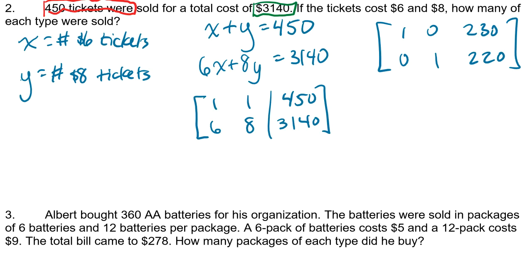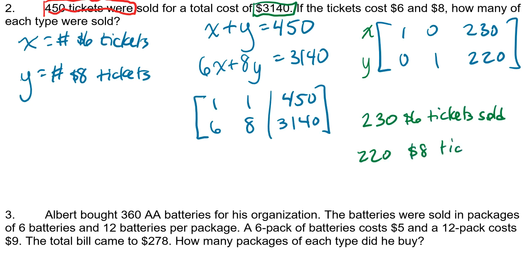All right, so we know that the 230, that was our x, the 220 was our y. So our final answer, just make sure you write it in English. There was 230 $6 tickets sold and 220 $8 tickets sold.